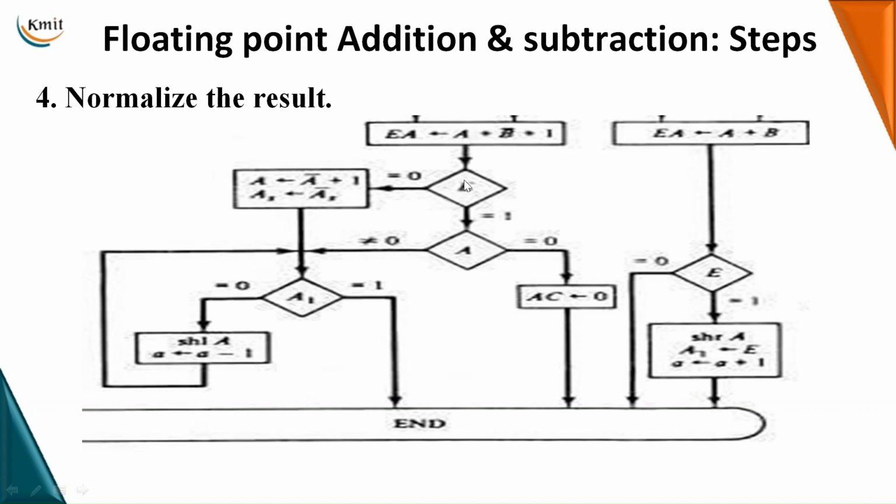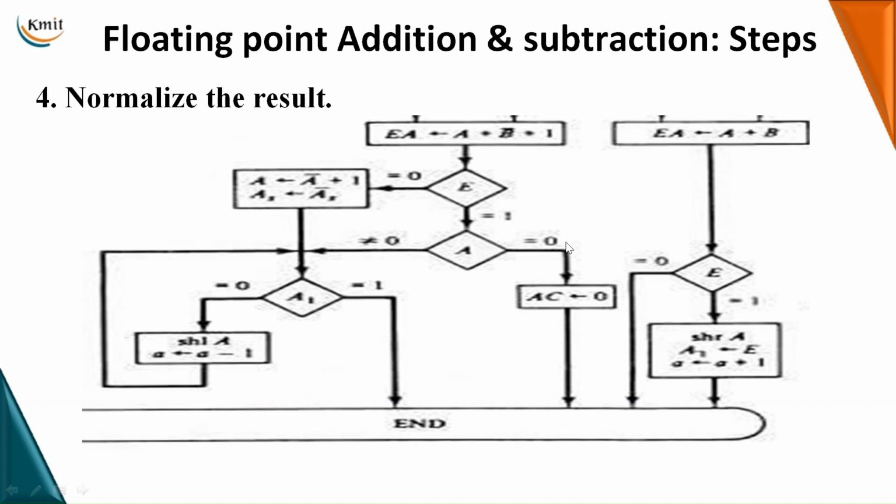When it comes to subtraction operation, after performing a subtraction operation, there are two possibilities. One, the result of your subtraction can be a 0, and the other, the result of your subtraction can be an underflow situation. So that depends upon your carry flag E. So if E is a 1, the carry flag contains 1, then you are going to again look into the value of A, which is your mantissa part of your data.